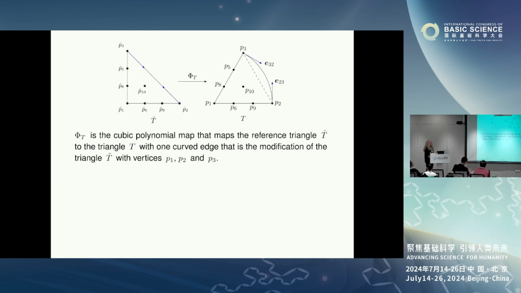So here's the picture. In this picture, T tilde is the straight edge triangle with vertices P1, P2, and P3. Then we use a cubic polynomial map phi T to modify T tilde into a triangle with one curved edge.